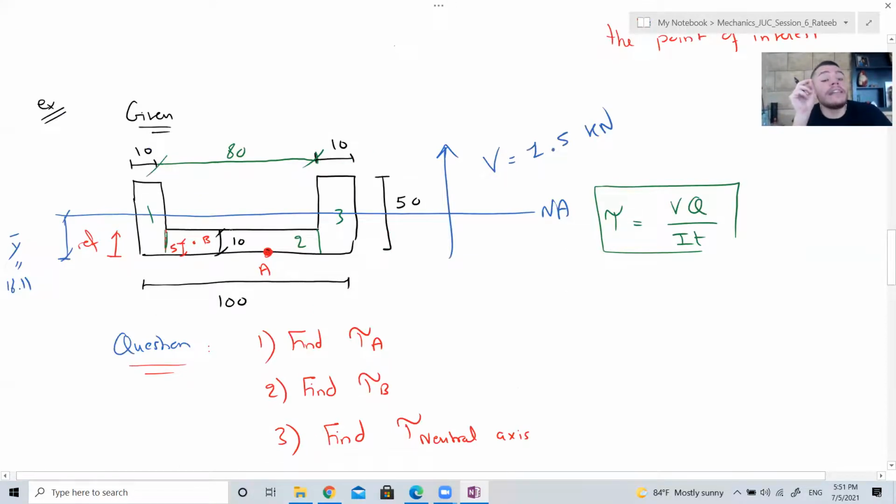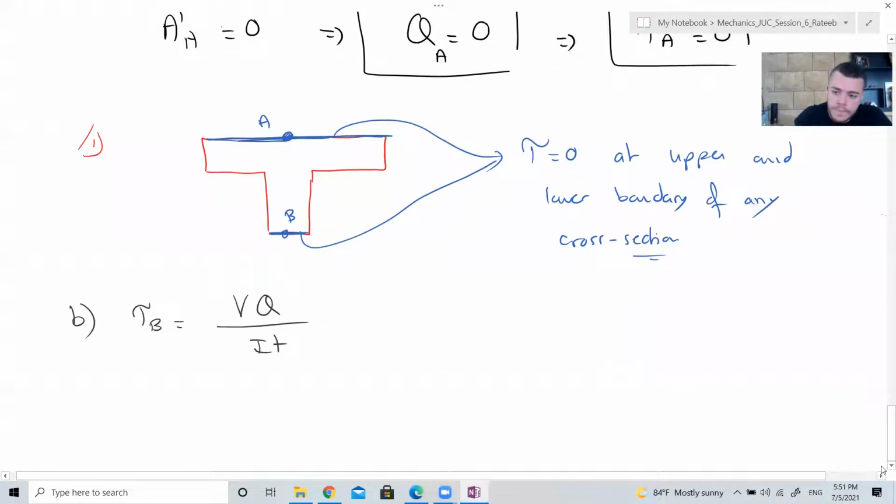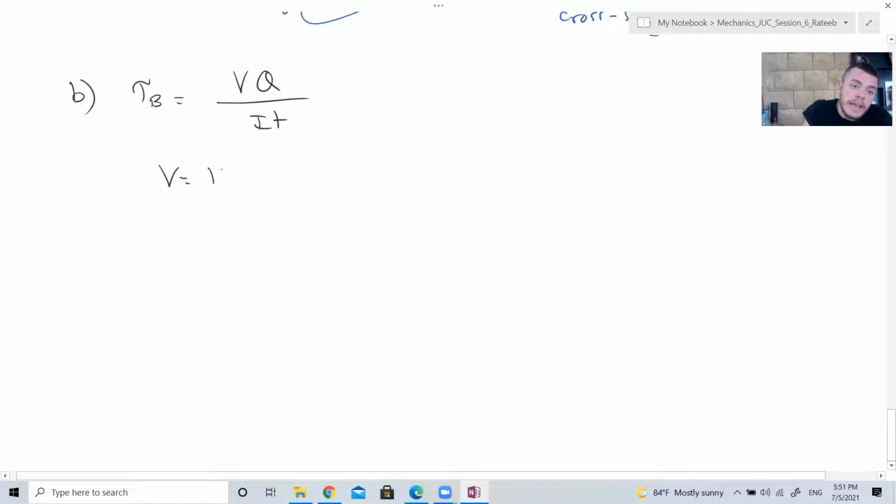Now, how do I find the shear stress at point B? It's VQ over IT. What is V? Again, it's 1005 newtons. Q at point B is area prime multiplied by Y prime. Who can tell me what's area prime at point B?